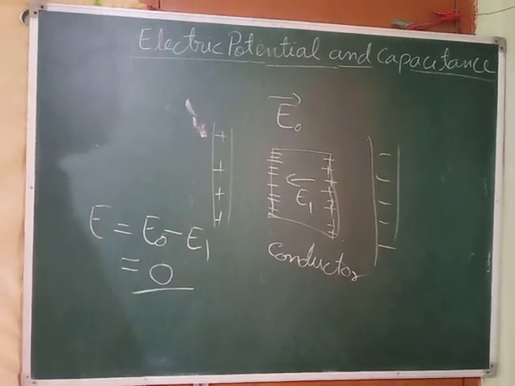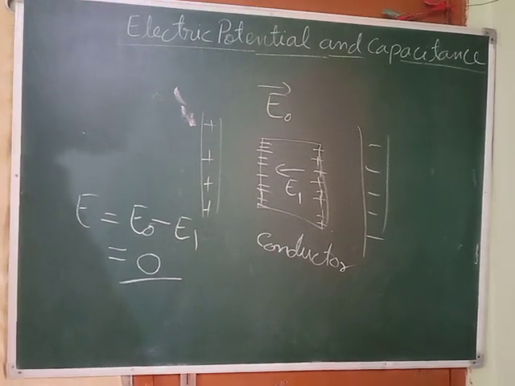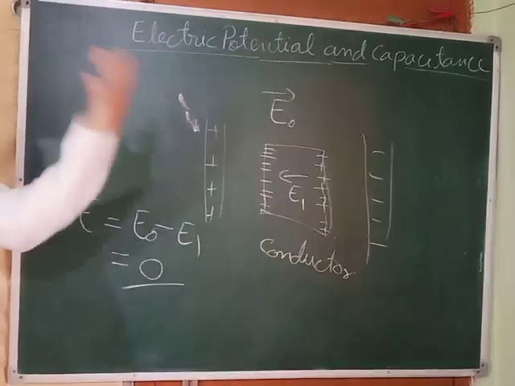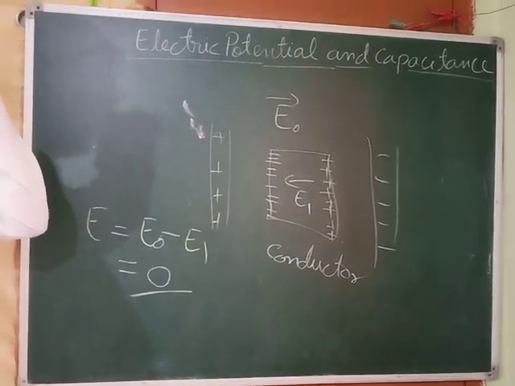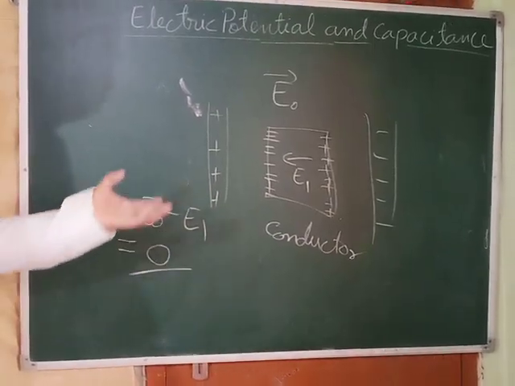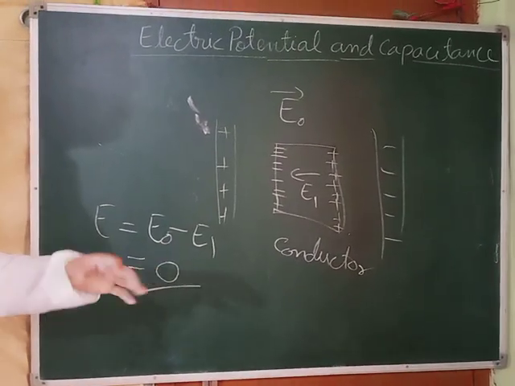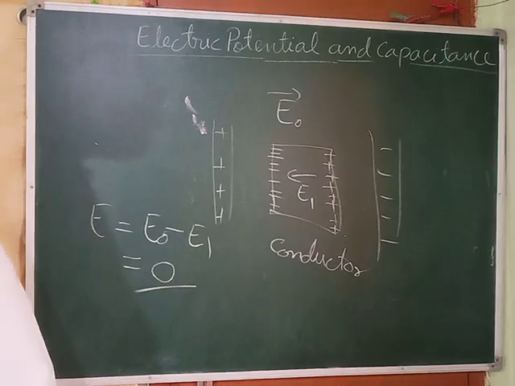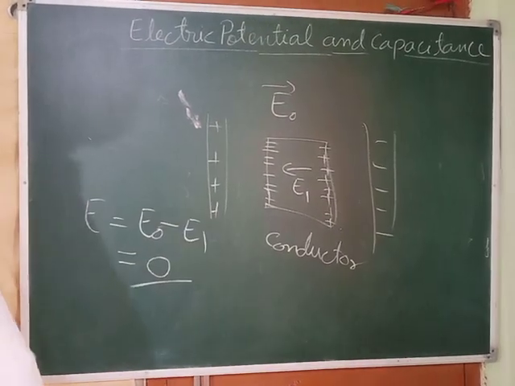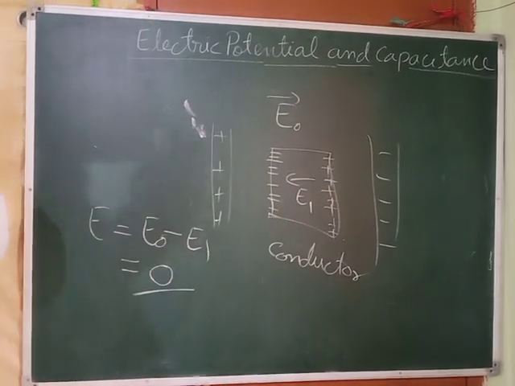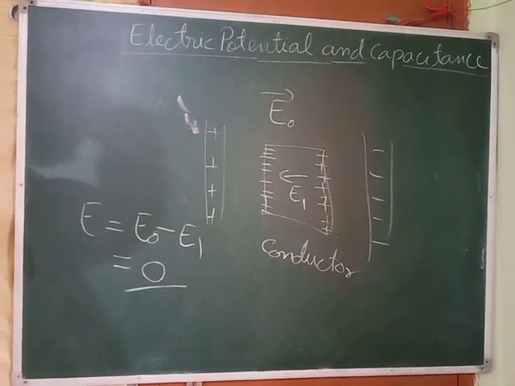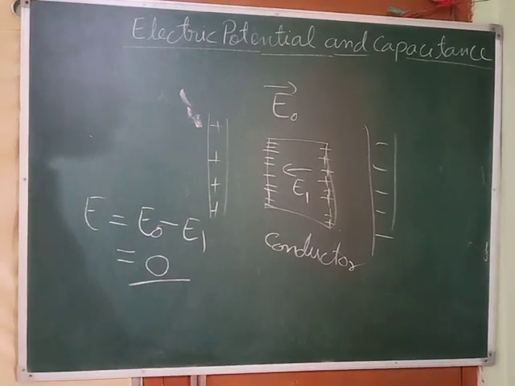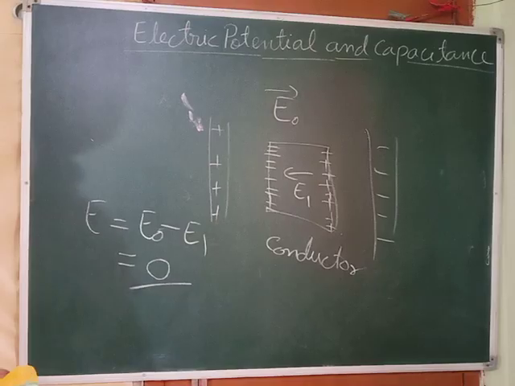Whenever a metal piece is placed in an electric field, what do you find? Inside the metal, the electric field is 0. Even if the metal has a cavity, you will find the electric field is not there. Clear?